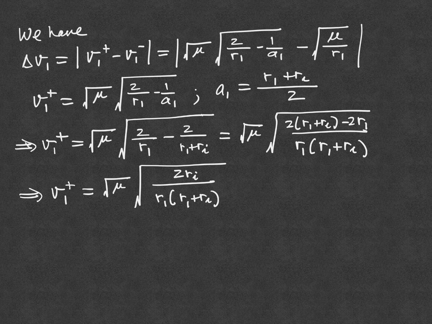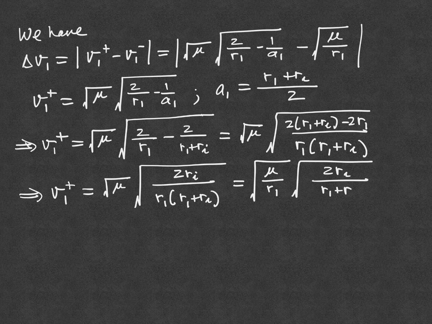So now what I can do is factor out the square root of R1 out of this last expression, and you get the square root of mu over R1 times the square root of 2Ri all divided by R1 plus Ri.